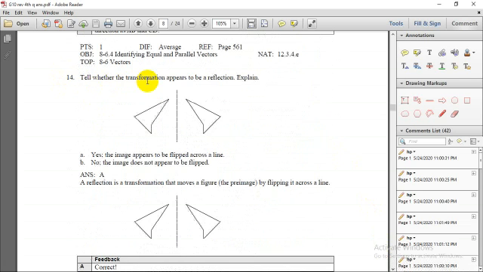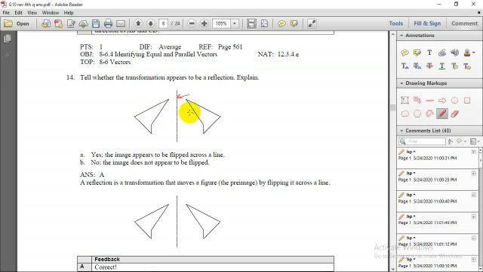Tell whether the transformation appears to be a reflection. What did we say about reflection, if you remember? A reflection must have a reflection line, and each point has the same distance from the reflection line, and the figure is flipped across the line.